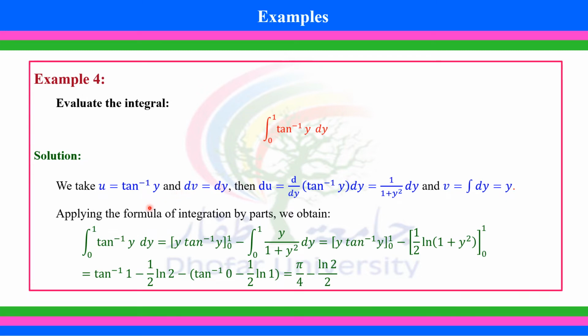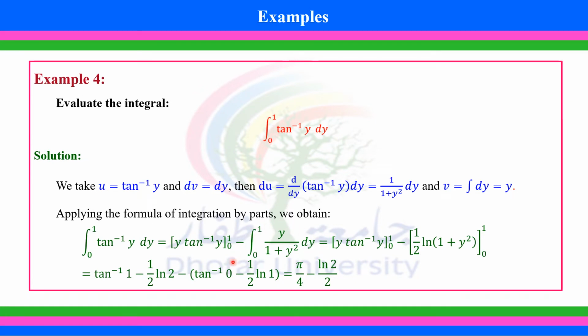So now we apply the formula of integration by parts. So the integral of tan inverse y dy is uv, this is v and this is u, minus the integral of v du, where v is y and du is 1 over 1 plus y squared dy. So we obtain this integral.